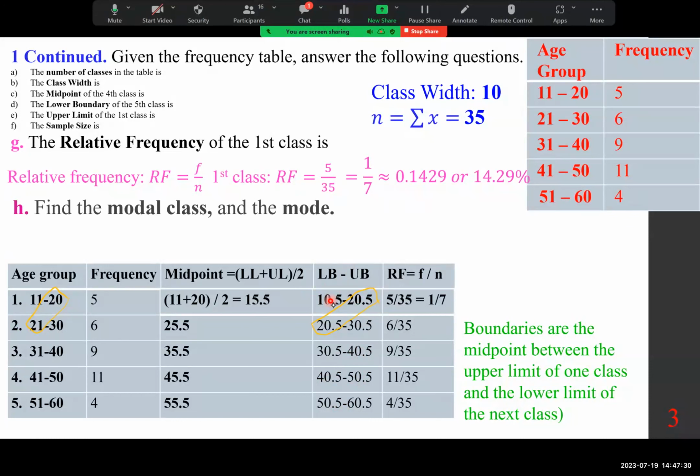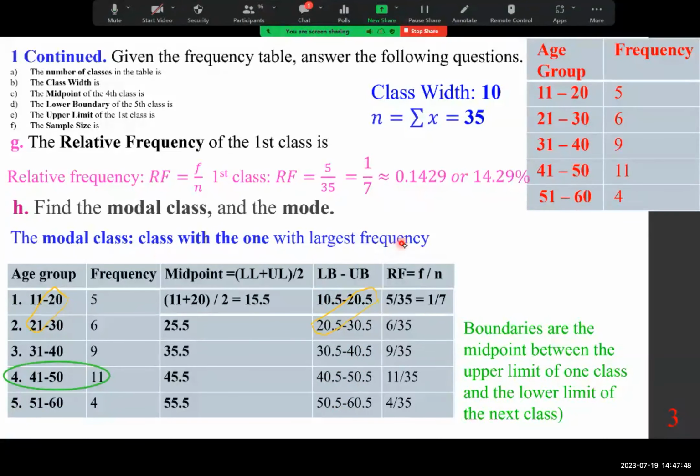Find the modal class and the mode. So if we have a frequency distribution table, FDT, how do we find that? So this is the modal class. Why is that? The modal class is the one with the largest frequency. You look at the frequencies, this has the largest frequency.